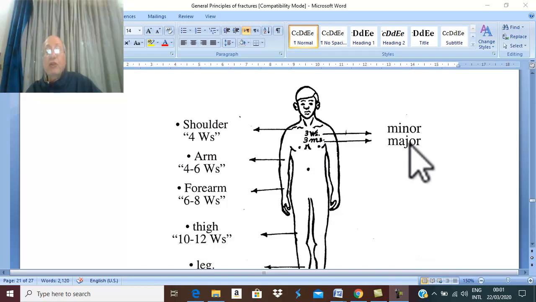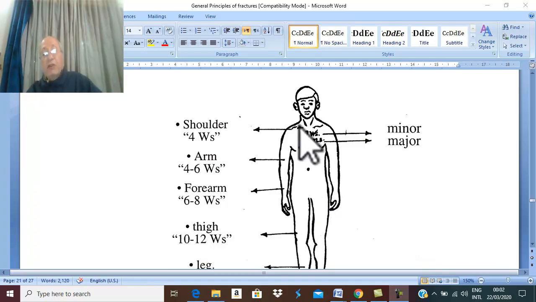If there is a major fracture in the trunk, like fracture pelvis, fracture spine, or fracture femur, these 3 major fractures in the body are fixed for 3 months.